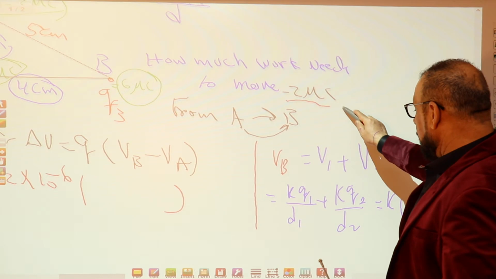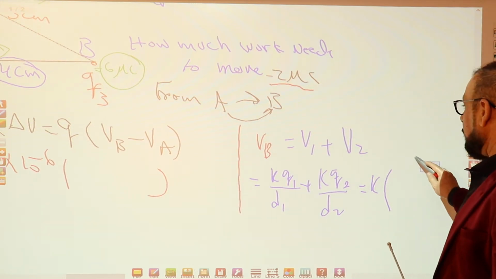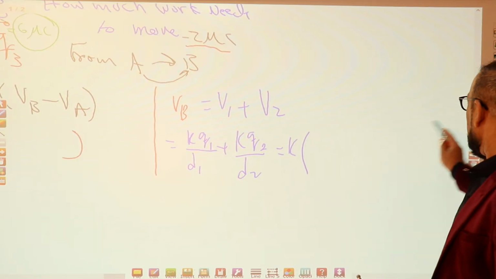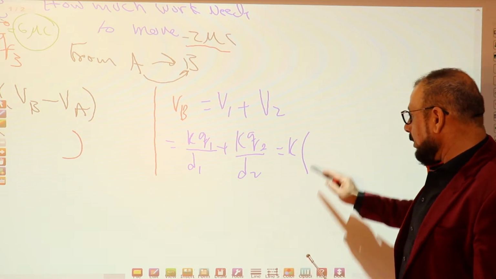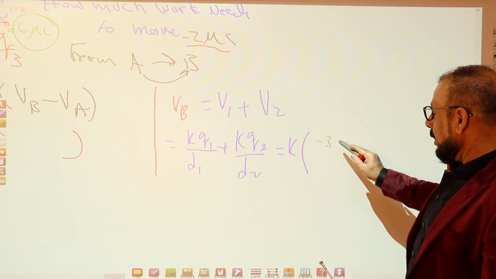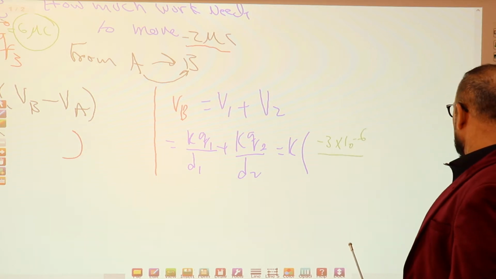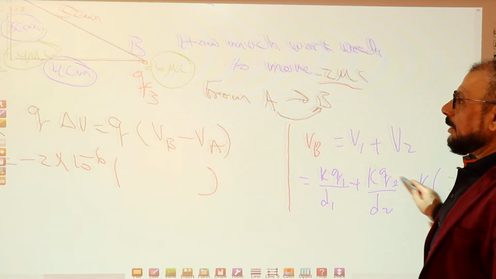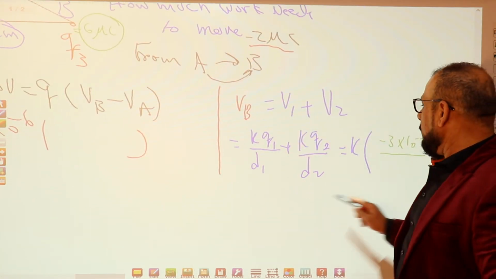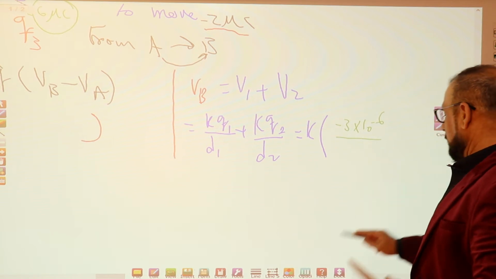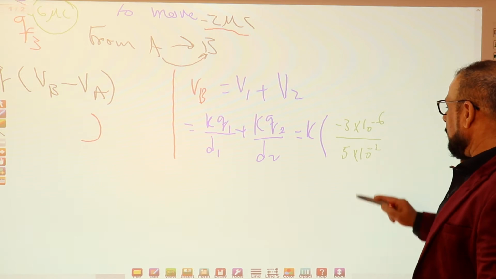Then, look, in my calculation I have to take the negative sign. When I calculate the voltage, I have to include the negative sign. Then this guy, -3 microcoulomb, times 10 to the -6 over how much distance from 1 to 3? 5 times 10 to the -2.